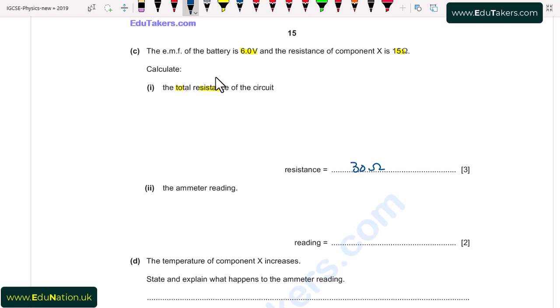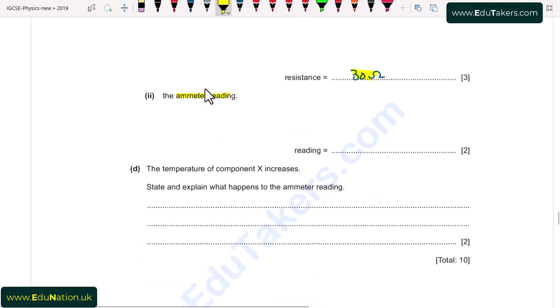In part 2, we have to calculate the ammeter reading. We know that an ammeter is a device that is used to measure current. It means that we have to measure the current through the circuit, and the EMF of the battery is given as 6 volt. By using this value of EMF and the resistance of the whole circuit, which we already calculated, I just write that V is equal to IR.